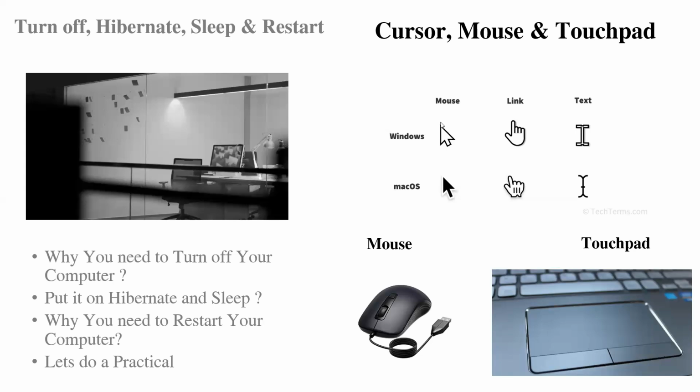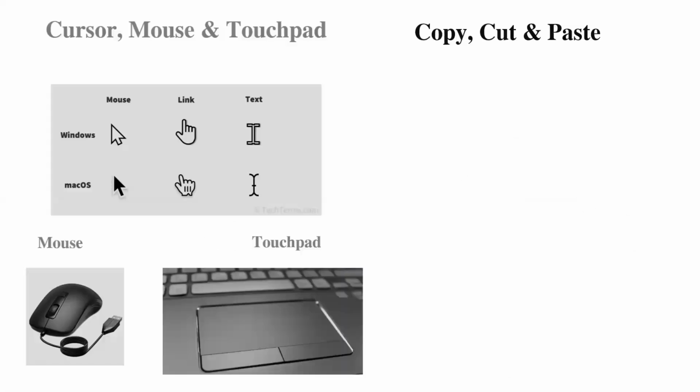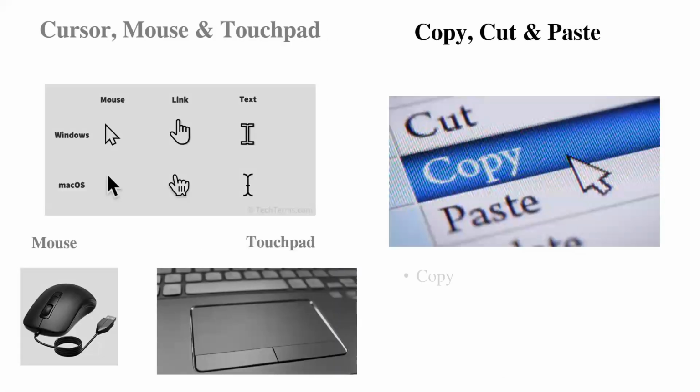So let's move to the next thing we are going to talk about, which is copy and paste. We have copy, we have cut, and we have paste. We all know all this. I'm just talking about them so that you know how it works. We'll have a practical on this when we discuss folder.